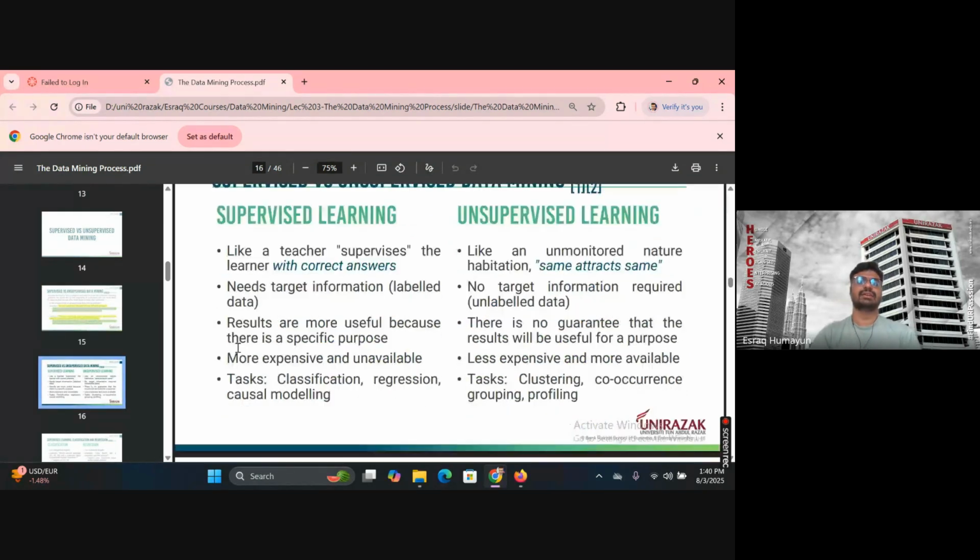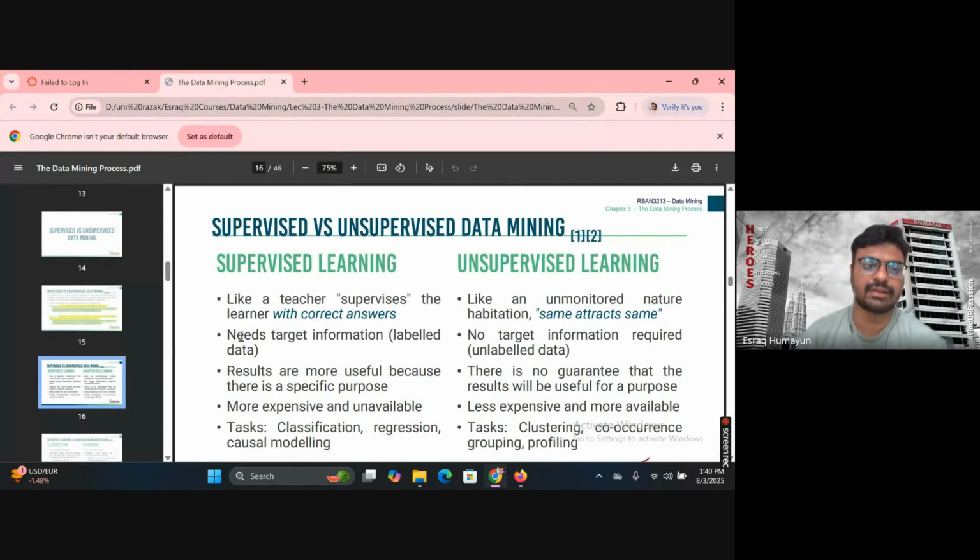Then let us see the difference between supervised and unsupervised learning. Supervised learning is like a teacher supervising the learners with correct answers. Unsupervised learning is like unmonitored nature, where same attracts same, so similar things are grouped by themselves. Supervised needs target information, labeled data. Unsupervised needs no target information.